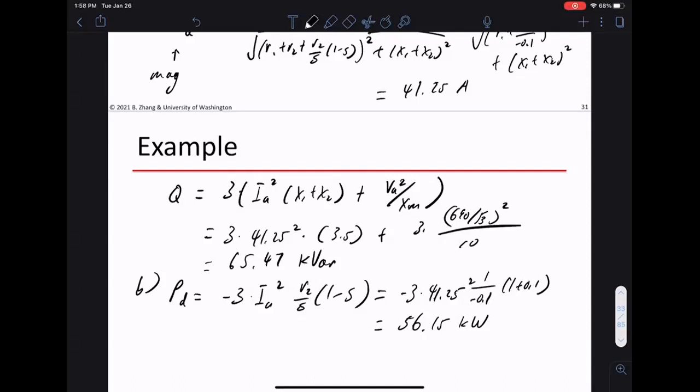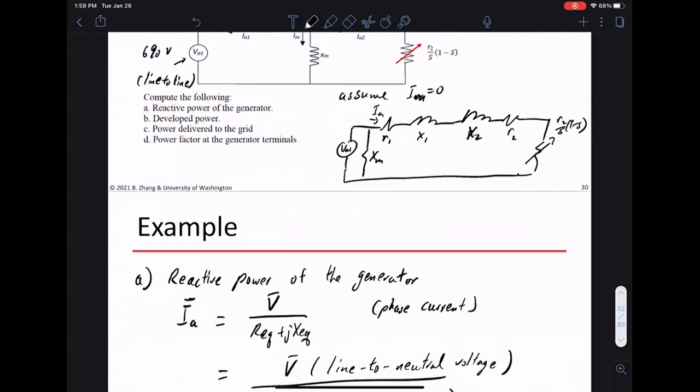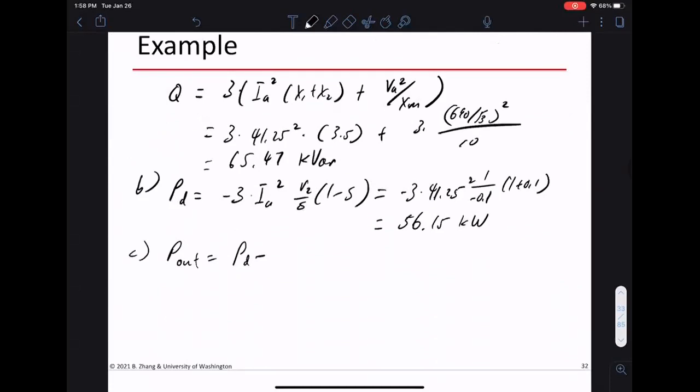Okay, so if this is our developed power, then the power to the grid, or the power output, is just the power here, subtracting the losses we have, right? So I have an I squared R loss in the system, I squared (R1, R2). So this is my developed power, subtract 3 times IA squared (R1 plus R2).